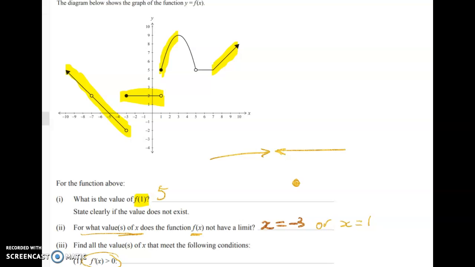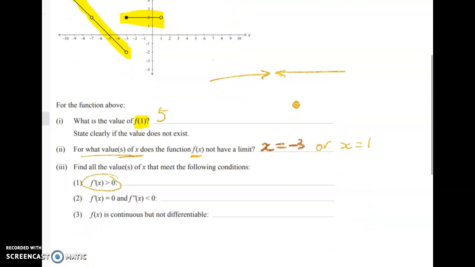I've got to be a wee bit careful here with inequalities. So we want to have x is between but not equal to 1 and 3. And the other place where it's happening is when x is greater than 7. So for either of those two conditions, this will be a true statement. Right?